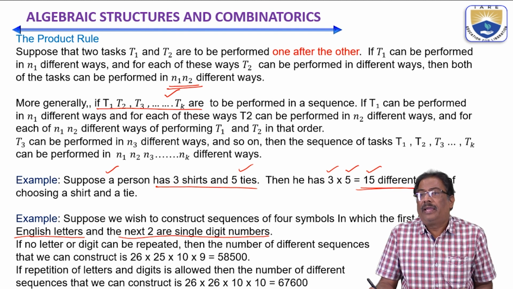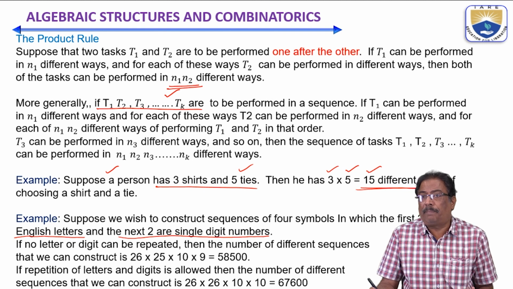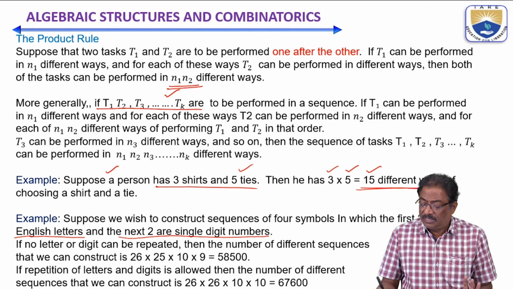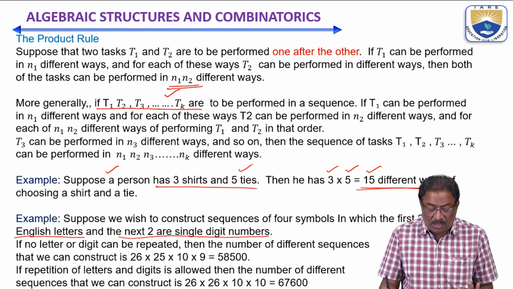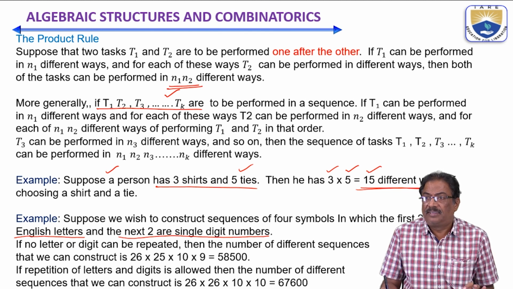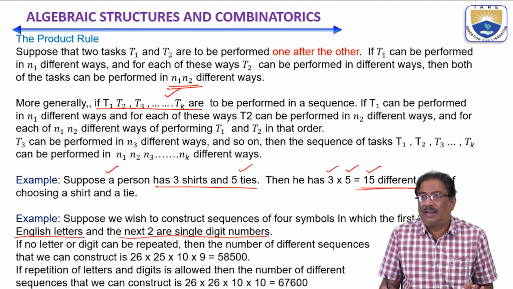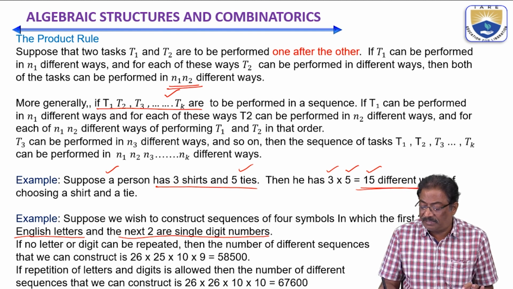Now, if no letter or digit can be repeated, then the number of different sequences that we can construct is as follows. How many ways can I allot the English letters? 26 ways to fill the first space, and whatever letter you fill, that English letter is not going to be used in the second one.